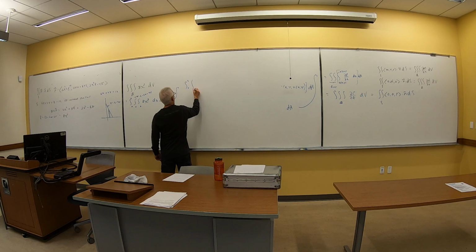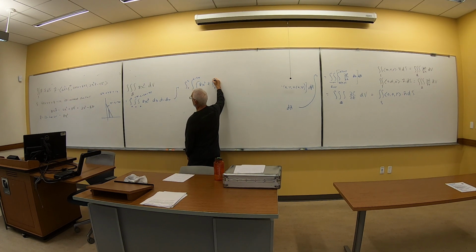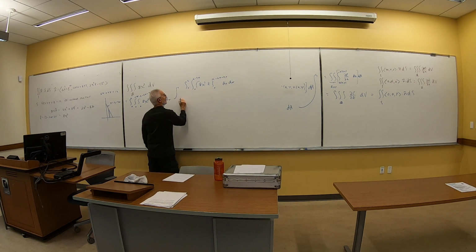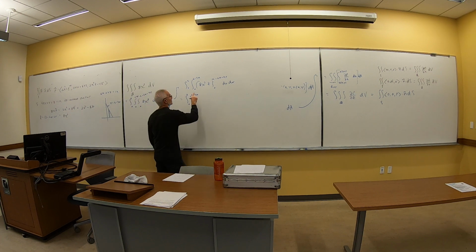So x from 0 to 2, y from 0 to 6 minus 3x, and that's going to be the integral of 8x squared z, where z goes from 0 to 12 minus 6x minus 2y, dy dx. Well, the nice thing is because the other limit is 0, I can just multiply these out.